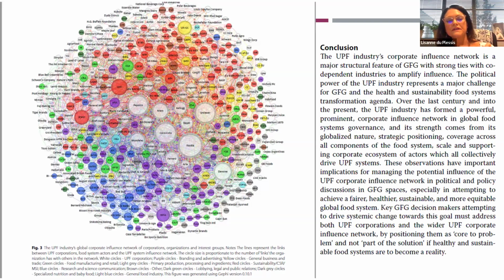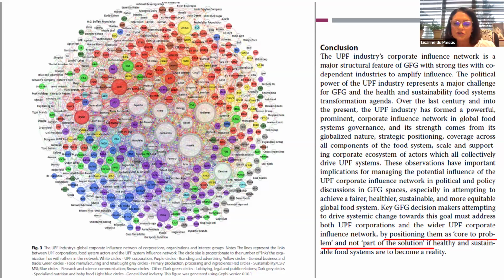And the authors of this specific paper then go on to be very clear on what they think we should be doing. They stated right there at the bottom that the key global food government decision makers, in their attempts to drive systemic change towards healthier food systems, must address both these ultra-processed food companies, the big ones, but they should also be looking at these other interest groups.